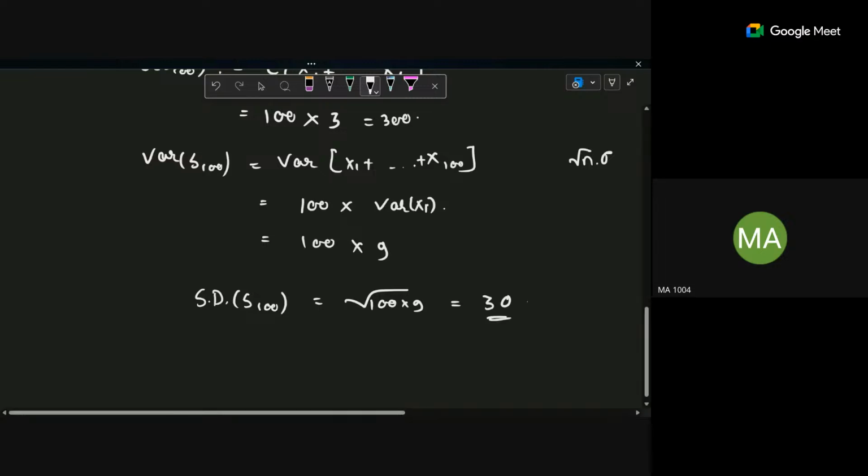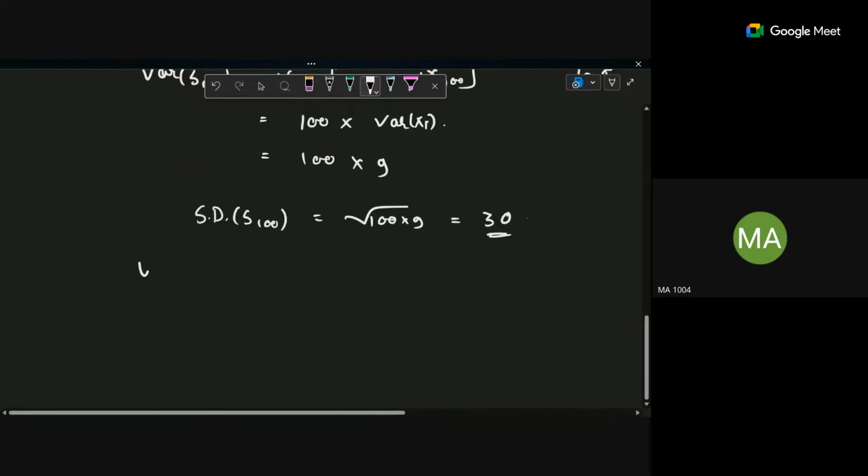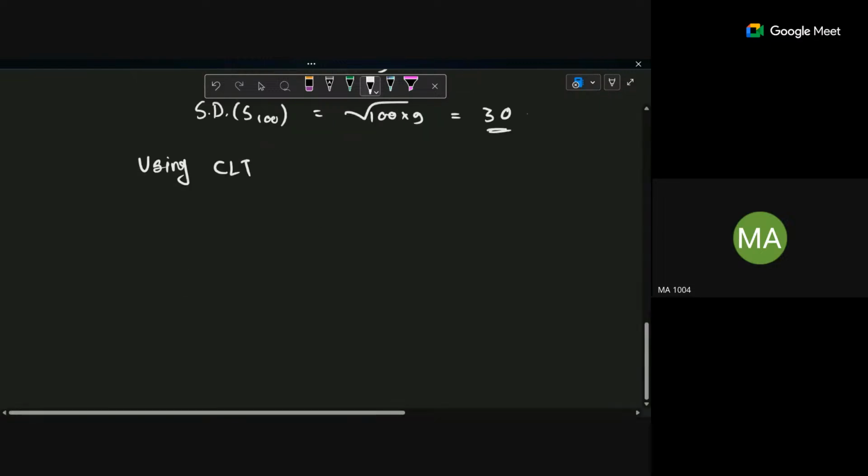Fine. So using CLT, what are we getting? S100 minus 300 upon 30.